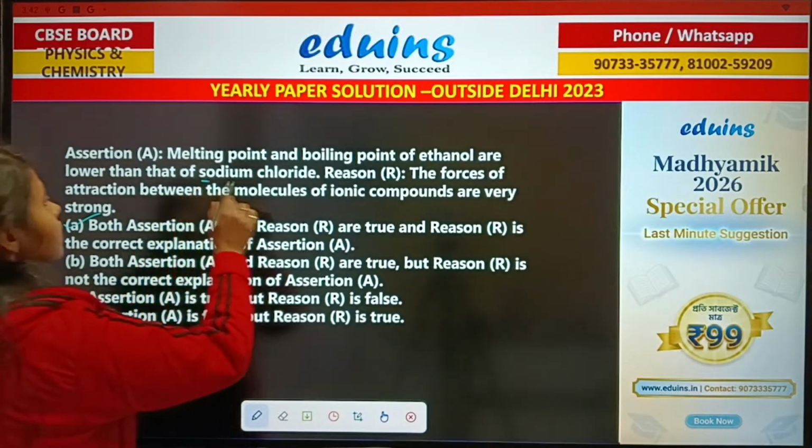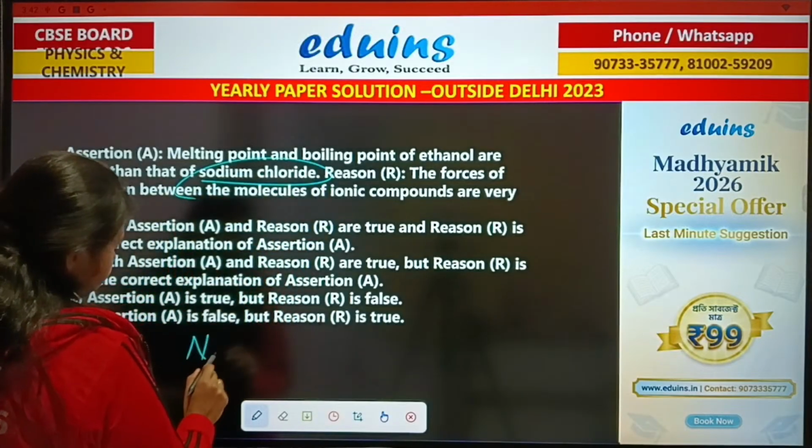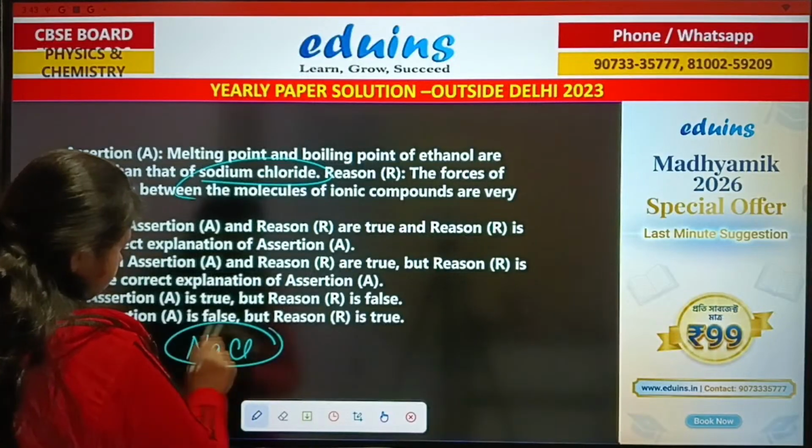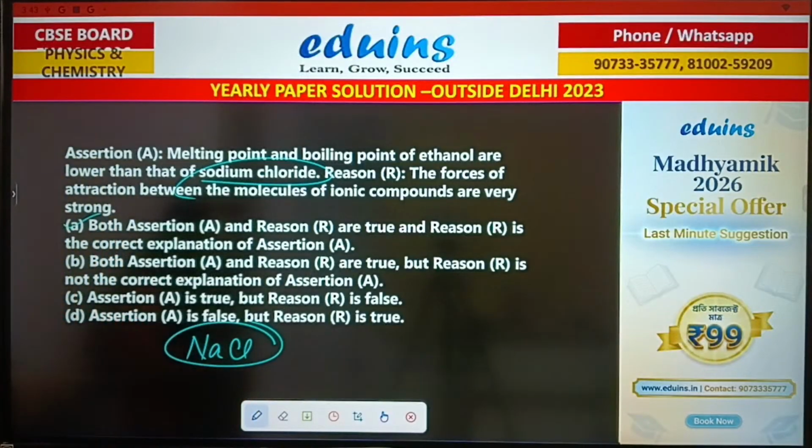This is NaCl. NaCl is produced by an ionic bond, and this ionic bond is a very strong bond. But the covalent bond is very weak, and that bond is made by weak van der Waals force.